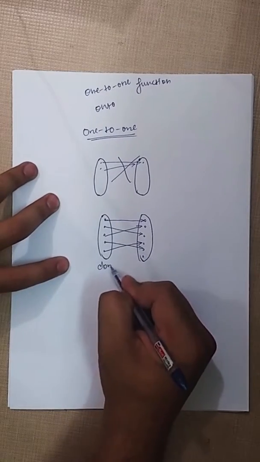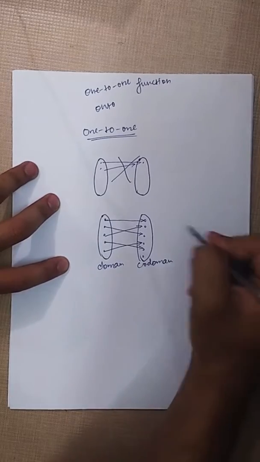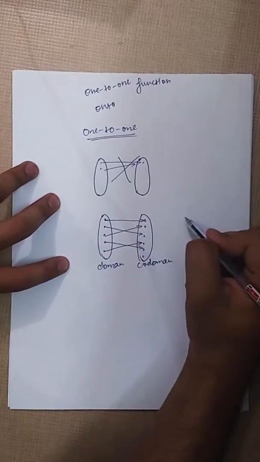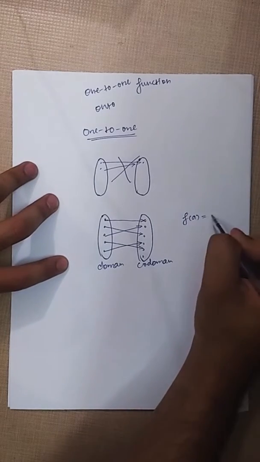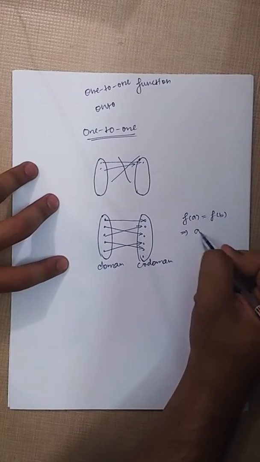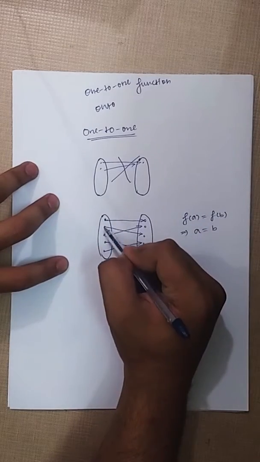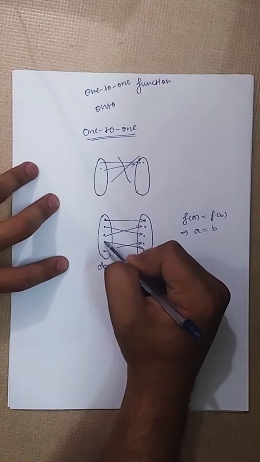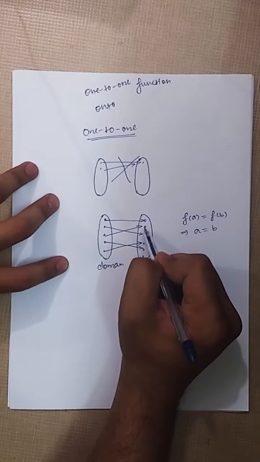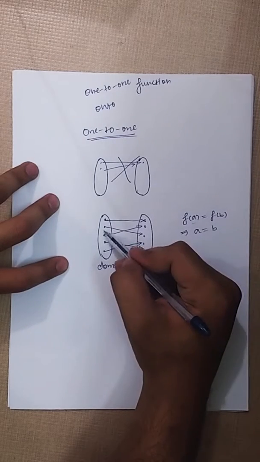This is the domain, this is the codomain, and if f(a) equals f(b), then a equals b. For example, if any two elements from the left side are mapped to the same element, their mappings are equal, then the elements must be equal.